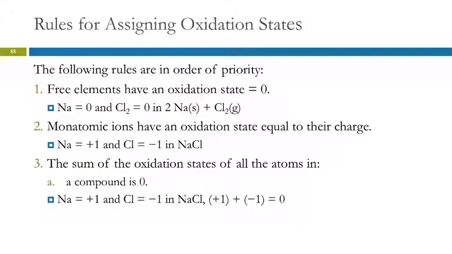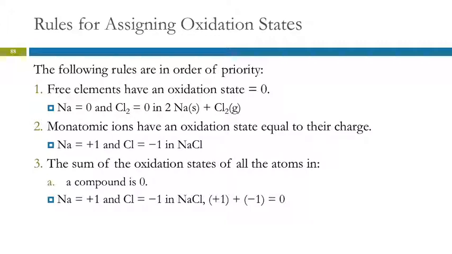These are the rules, and the rules are followed in order of priority. And honestly, if you just think about ion charges, most of them take care of themselves. So if you have a free element, like sodium or chlorine, Cl2, two chlorine atoms bonded together, are there any ions in there?